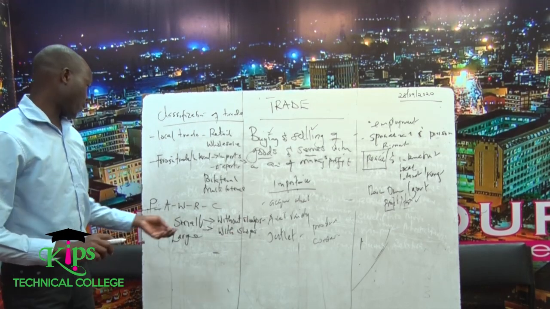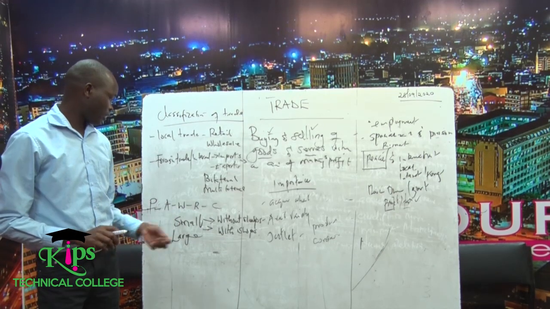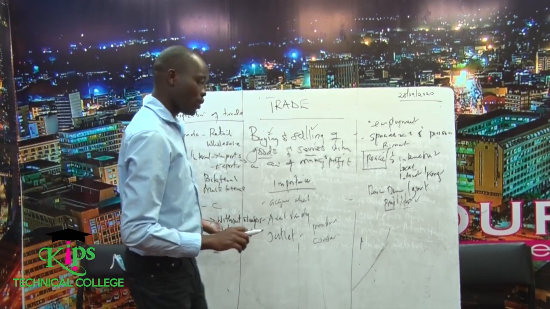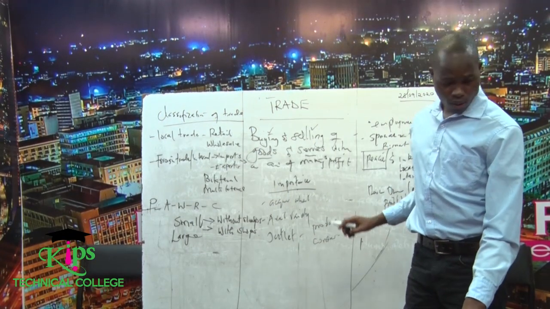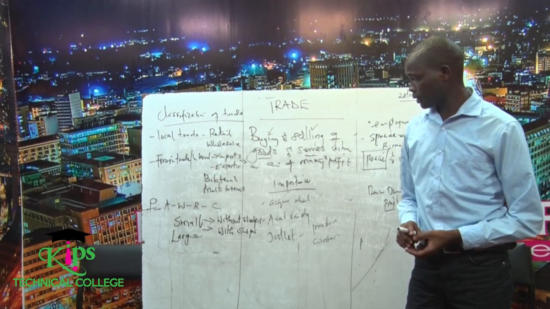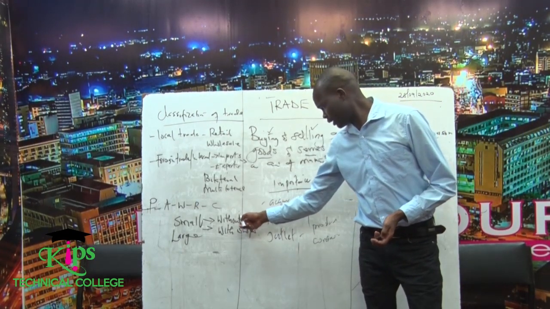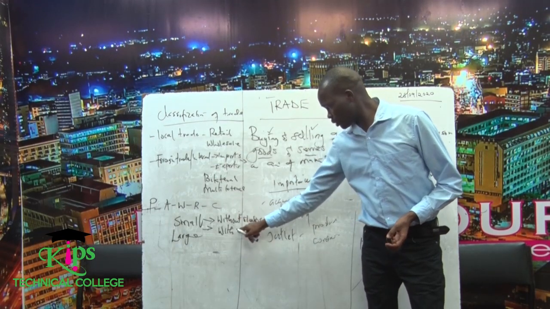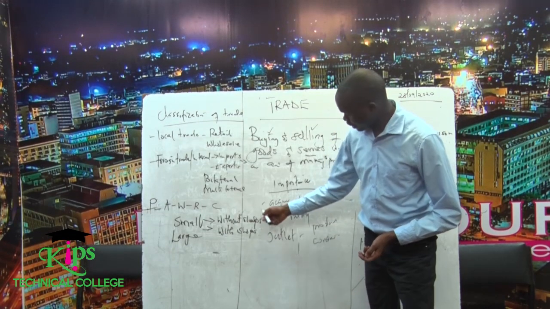A good example of retailers without shops is the peddlers or the hawkers. We can also have roadside sellers, and we can still have open markets. That is one of the features that are going to classify the small scale retailers, that is without shops.